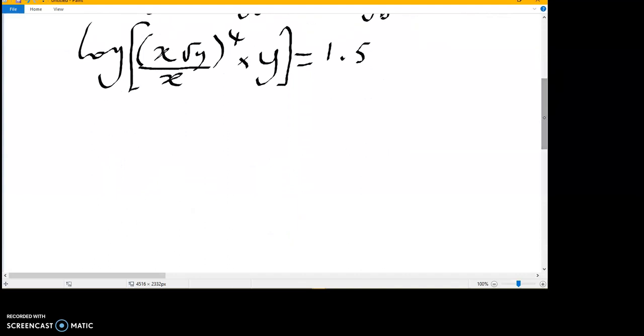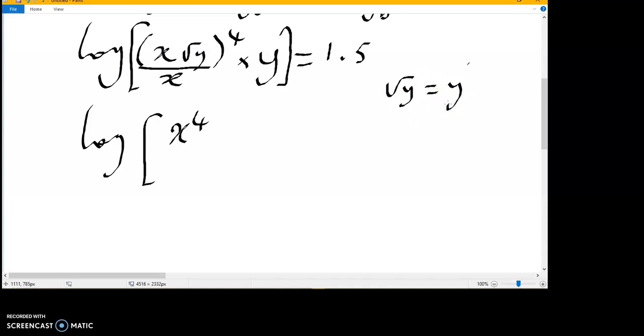This 4 is applying to both x and y. So when we distribute this 4, we're going to have log of x to the power 4, and we know that root of y is y to the power 1 over 2.